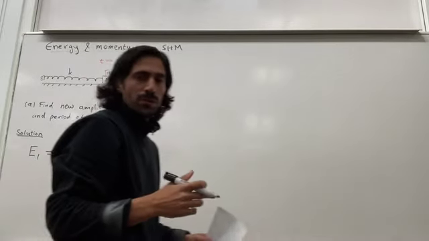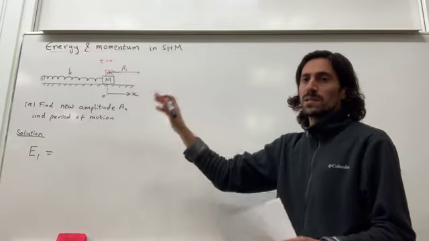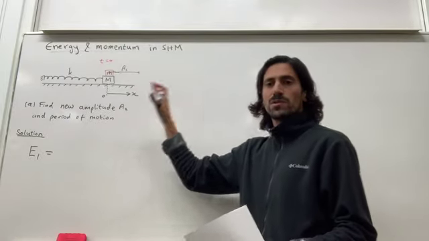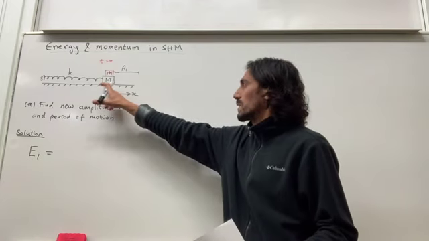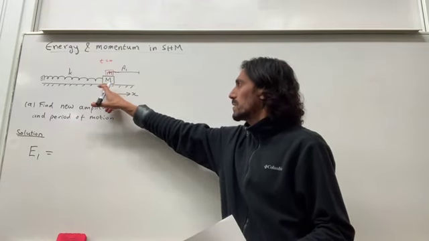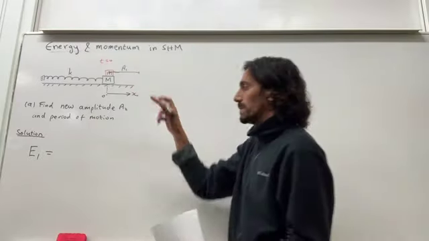Due to conservation of energy, at that point there would be no kinetic energy. So basically, energy is moving from potential to kinetic and so on. So only kinetic energy here, and only potential energy at that point, but they have to be equal.